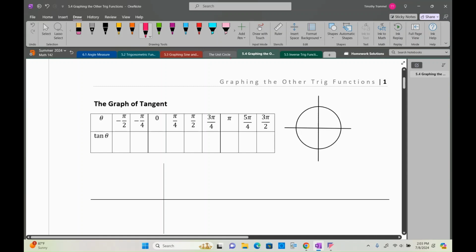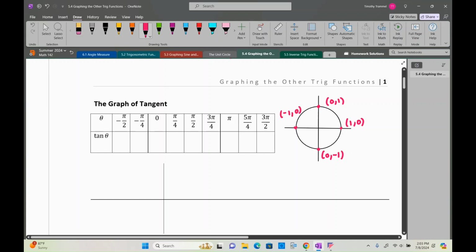And so we know, for instance, up here that this would be x equals 0, y equals 1. This one here would be 0 comma minus 1. We have 1 comma 0 and a minus 1 comma 0.